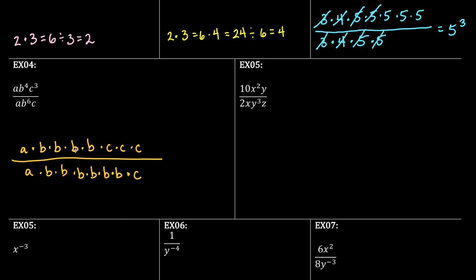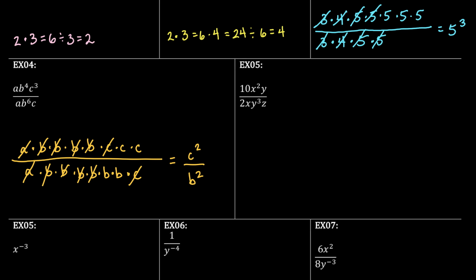So if I multiply all this by A and then I divide by A, it doesn't make a difference. A divided by A is 1. B divided by B is 1, four times. I have no more B's on top, no more pairs of B's. But I have a C and I divide by C. So I end up with C to the 2nd power over B to the 2nd power.